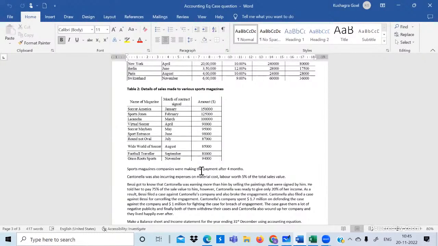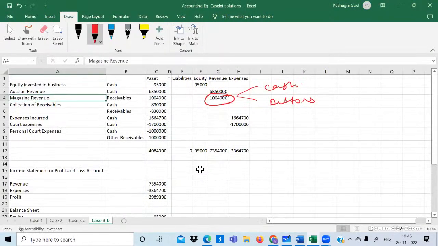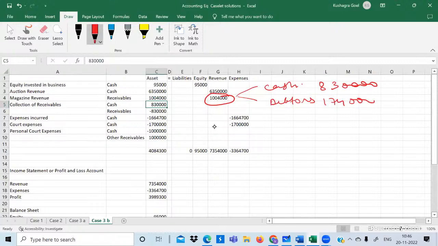So again, if I go to my Excel, I'm saying that out of this 10,04,000, some amount has been received, some amount is yet to be received. If I add up all the numbers for cash, that will come to 8,30,000. And then the last two numbers put together will come to 1,74,000. So this is what I've done over here.